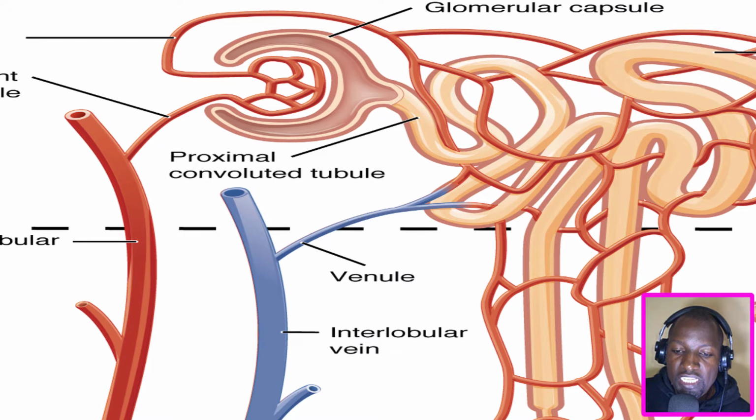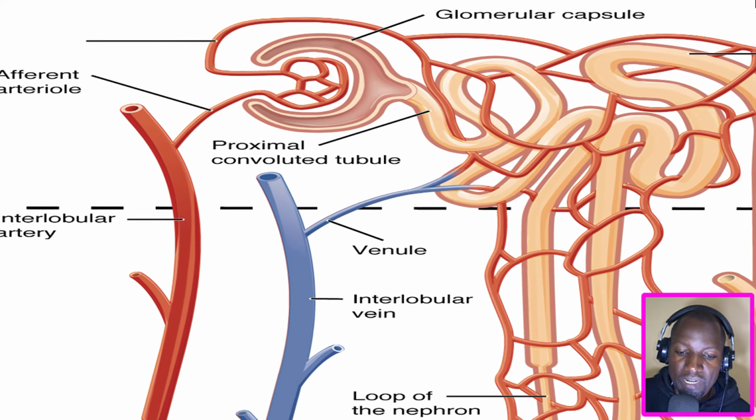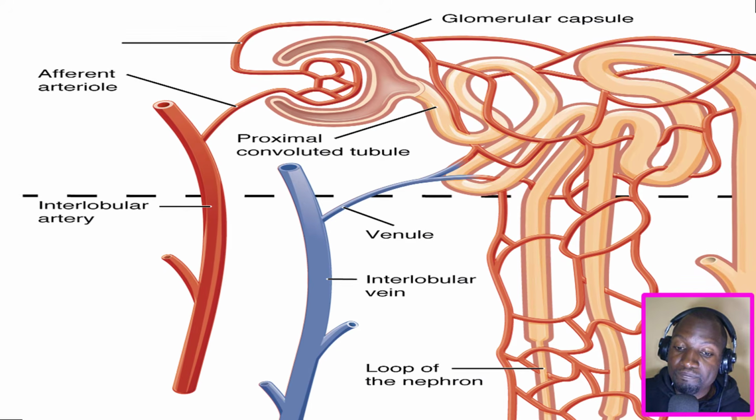We can also see that it has a Bowman's capsule for passage of glomerular filtrate into the proximal convoluted tubule. And it also has a glomerulus where ultrafiltration occurs, and this is due to the difference in diameter of the blood vessels.